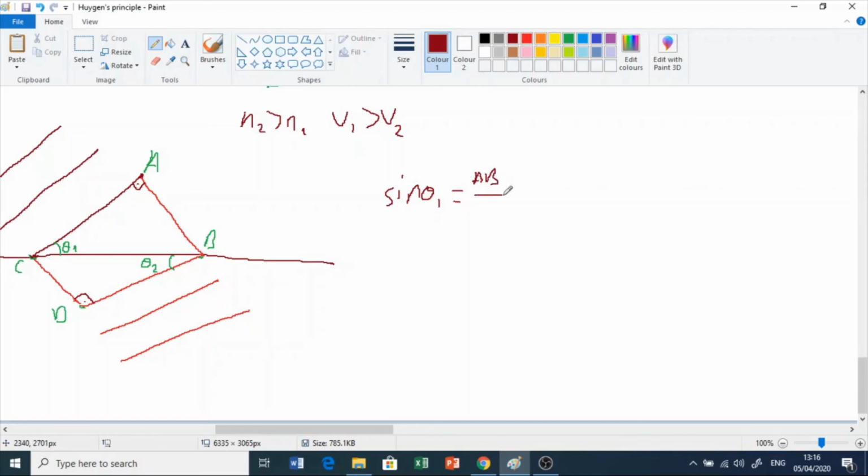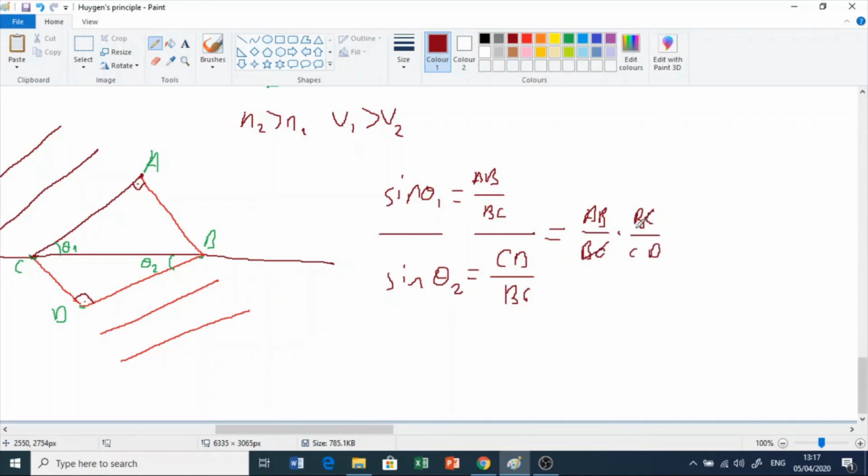What is sine theta 2, which is the angle of refraction? The sine is CD divided by BC. When we divide them side by side, BC and BC are going to cancel each other. Let me write clearly: AB divided by BC times BC divided by CD.